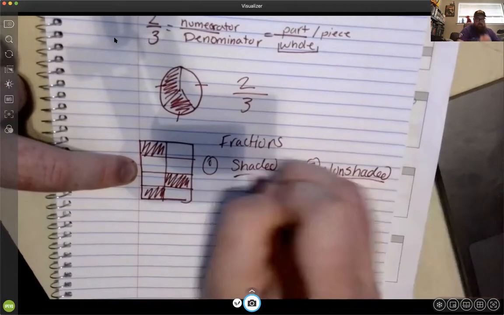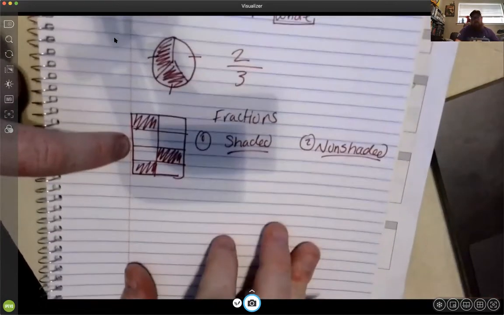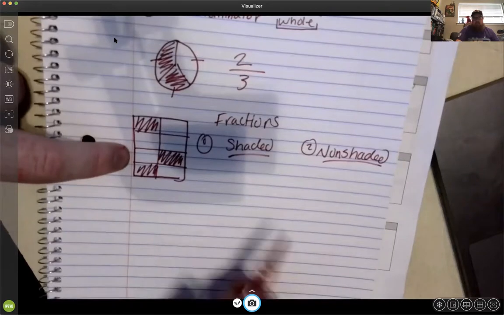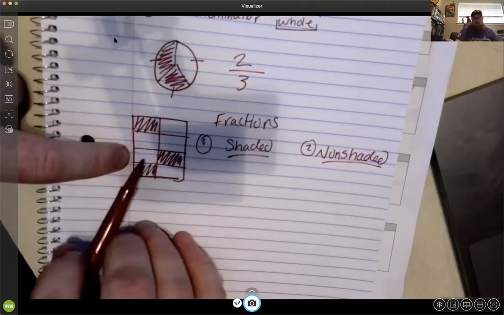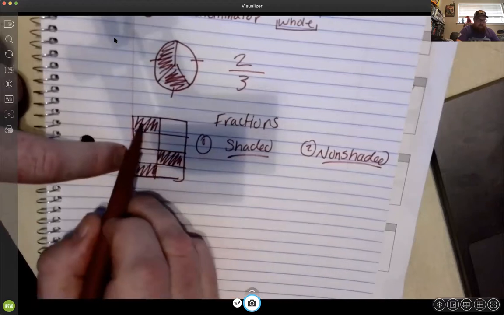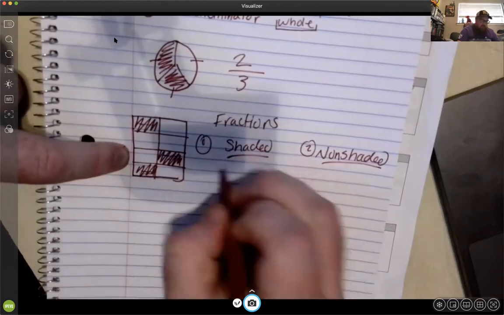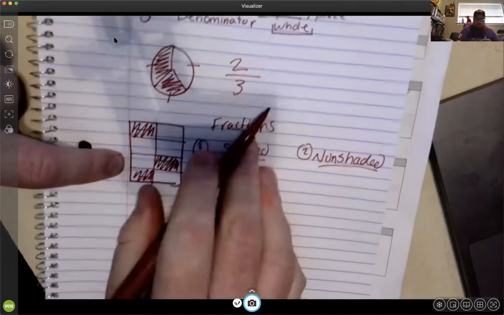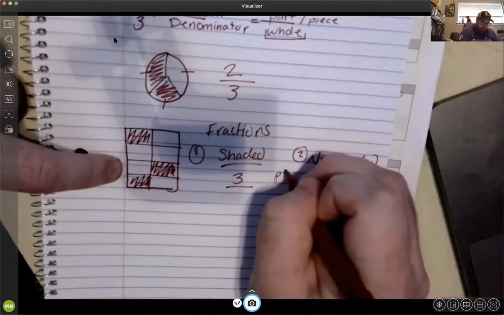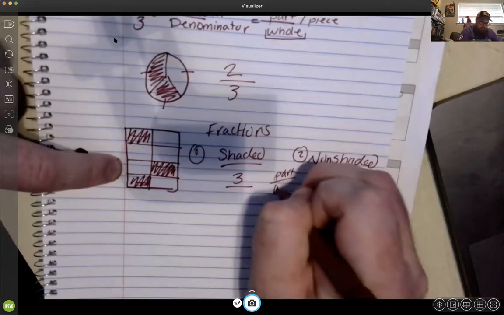Again, these are questions that they will be asked sometime down the road on any kind of exams. If we look at the shaded portion, we need to look at how many pieces are shaded. And I see 1, 2, and 3 pieces shaded here. Draw my line, because that 3 is our part. Always remember, part over whole.